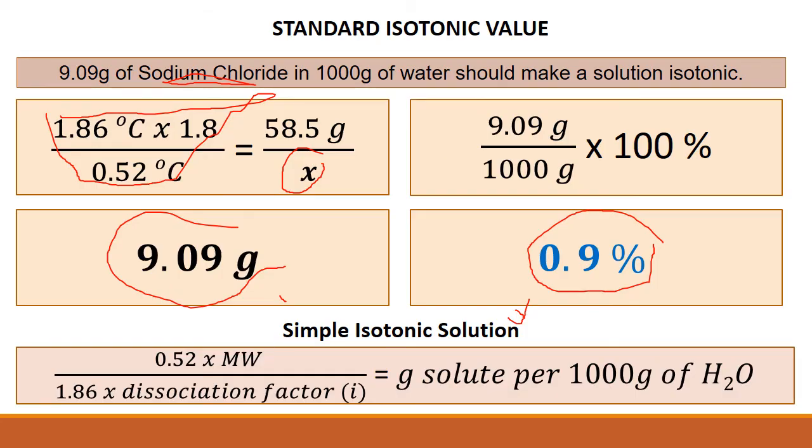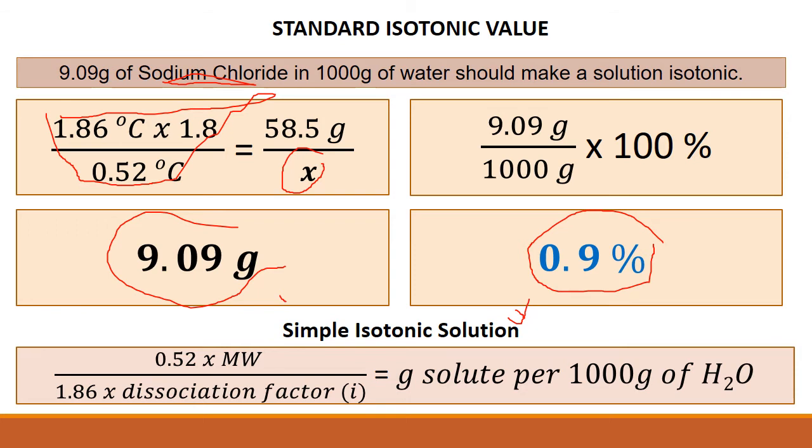So the standard ionic value we have 9.09 grams of sodium chloride in 1000 grams of water should make a solution isotonic. So here I will let you see the standard isotonic value of our solution in our system. Okay, remember that we have 9.09 grams of sodium chloride in 1000 grams of water.